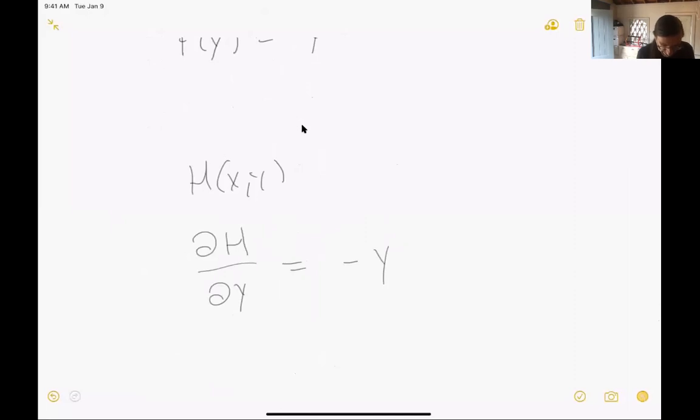And you may say, oh, well, that means the original function is the integral, so it should be negative 1/2 y squared. And you would be almost right. That's the right answer plus some constant. But that constant might be a function of x. It's a constant as far as y is concerned, but not necessarily a constant as far as x is concerned.